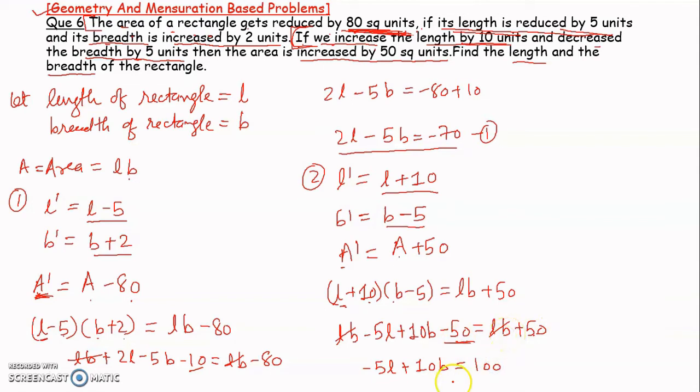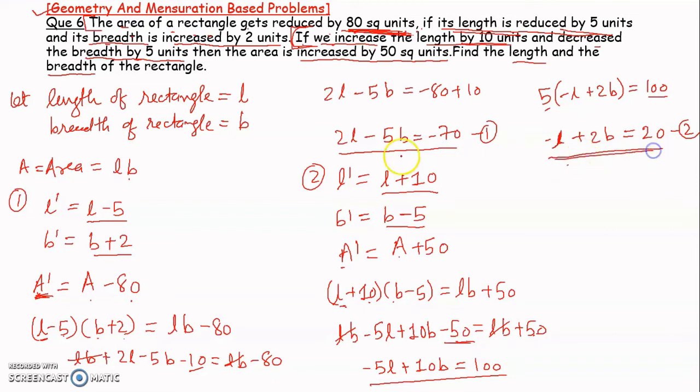If you further simplify it, you can take 5 common from the equation. Then we'll get minus L plus 2B equal to 100 divided by 5, that will be 20. So this is equation number 2.